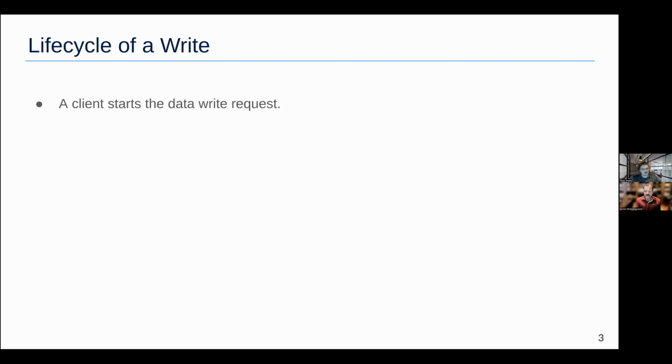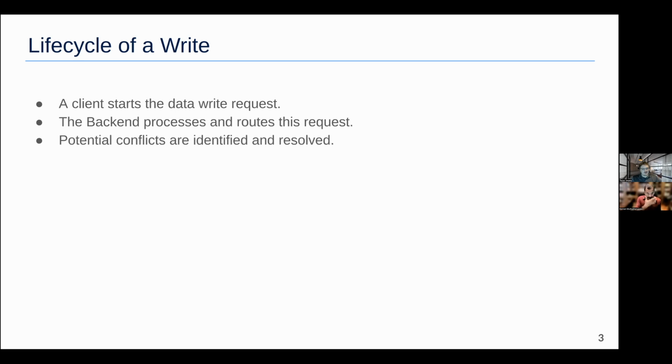So first off, a client starts a write request, and then the back end processes and routes this request to a T server. Then the potential conflicts are identified and resolved. And finally, data is written to the intent DB, where we store intents or provisional writes that, should the transaction commit, will be visible to other transactions.